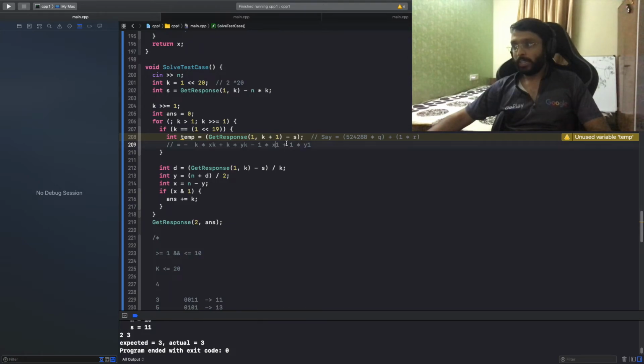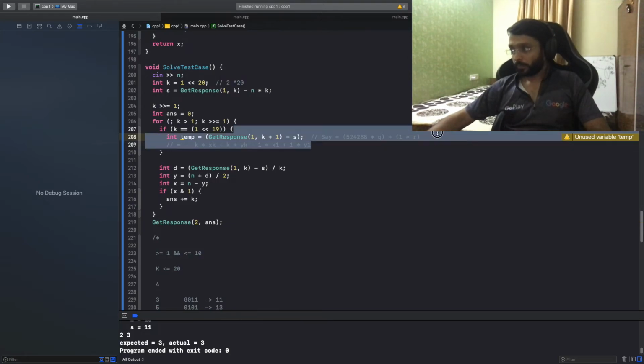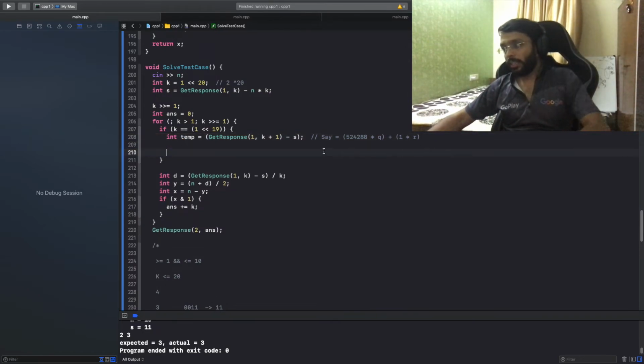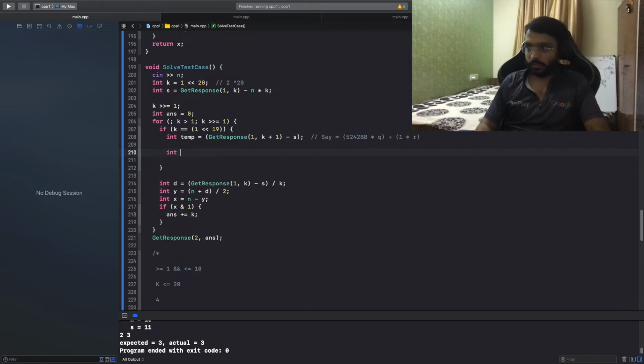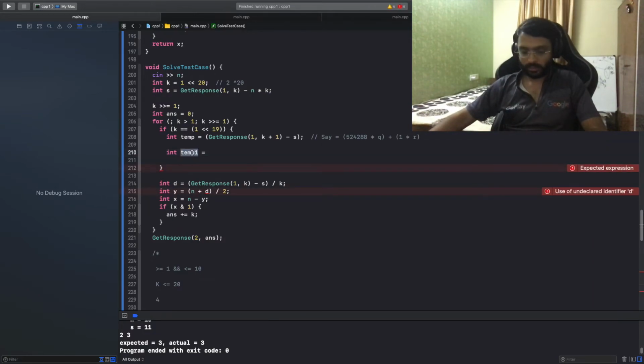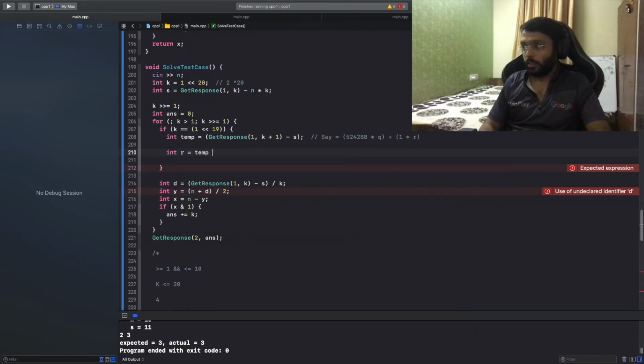Similarly, y1 minus x1, that will be r. So now what I can do is let's say int temp1 is equal to, let's call it r instead. So r will be equal to temp modulo k.